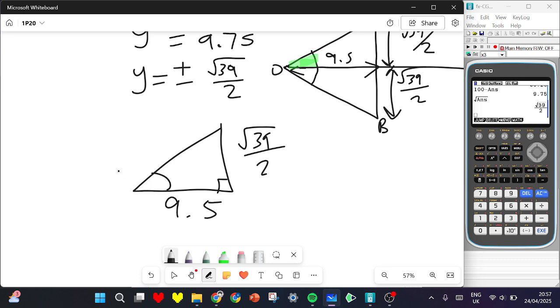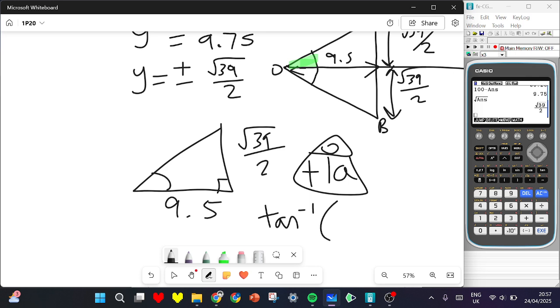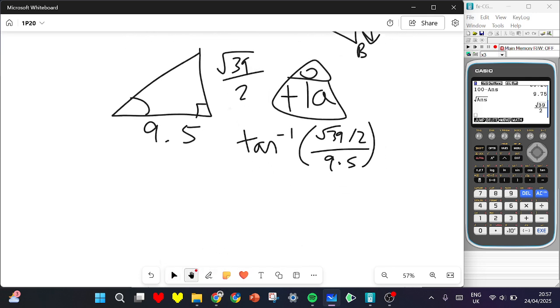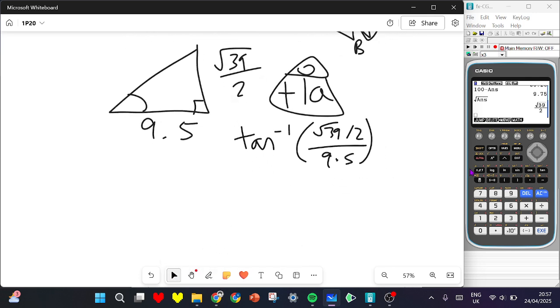Okay, and then if we want to find the angle here, we can use tan. So we have to do tan inverse of root 39 over 2 divided by 9.5.